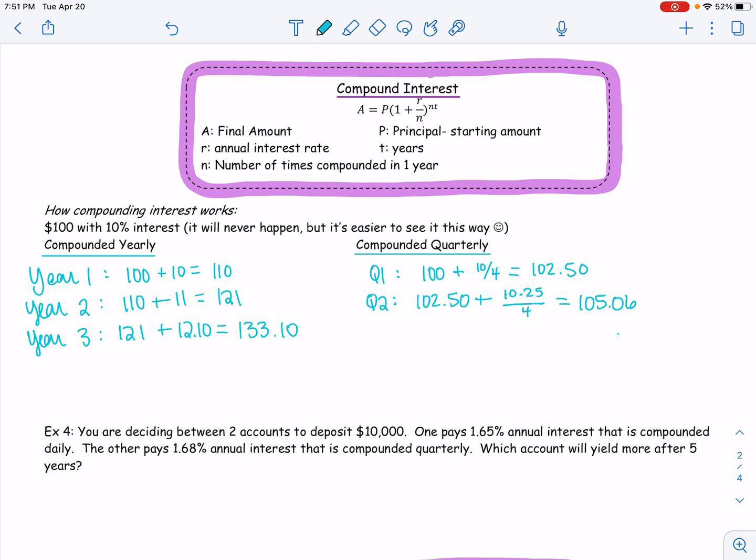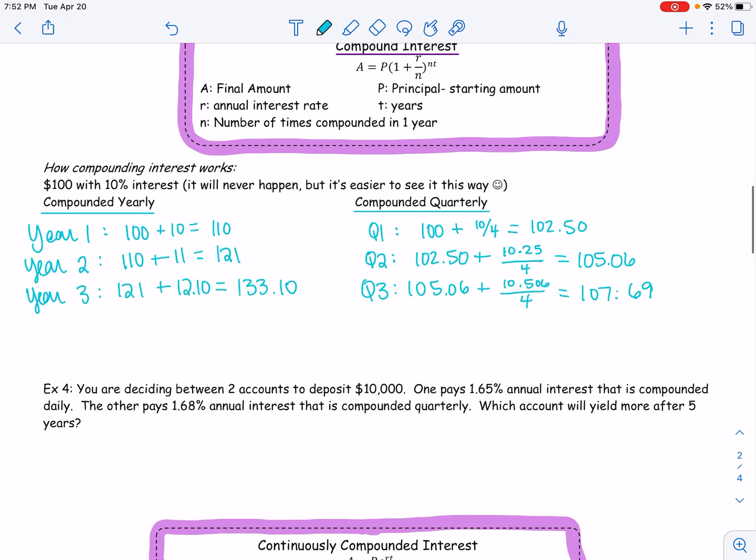So then I'm starting with that in quarter 3. So I start with my $105.06, and I'm going to take 10% of that amount, which is $10 and about 51 cents, but again, divided by 4, and that's going to give me something like $107.69.